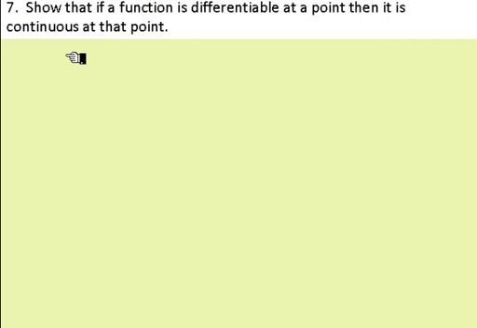In number 7, we're going to show that if a function is differentiable at a point, then it's also continuous at that point. Okay, so let's say we have function f of x, and f of x is differentiable at x equals c, and we want to show that it's continuous at x equals c.